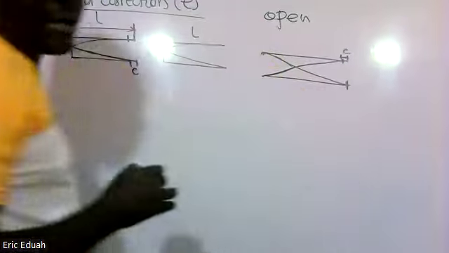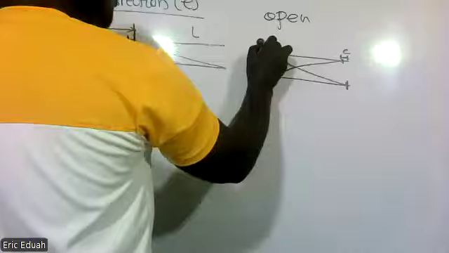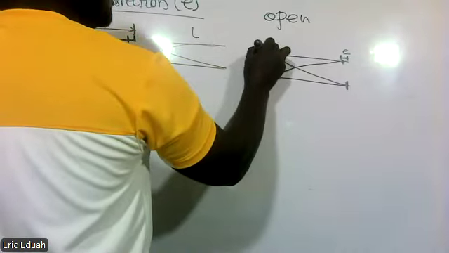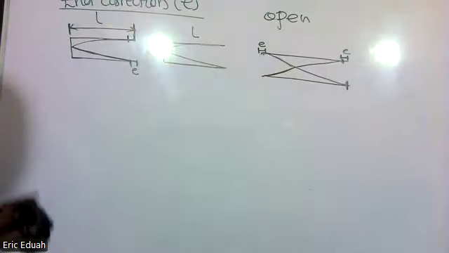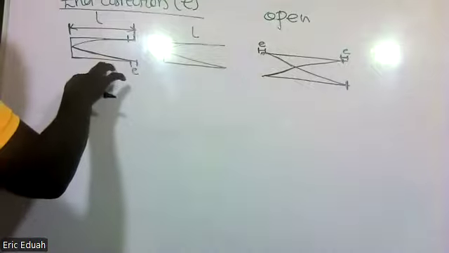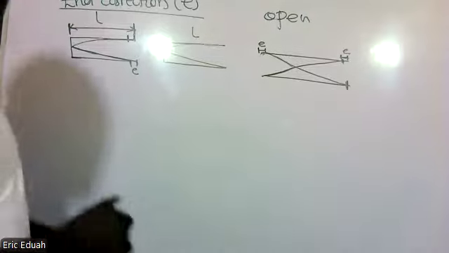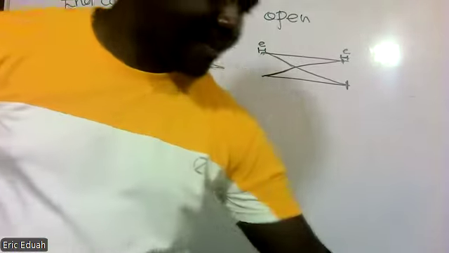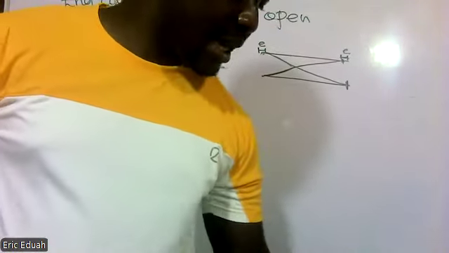So small end correction E at both open ends. So in open pipes, we have two end corrections, whereas in closed pipes, we have only one end correction. Please, is there any question?